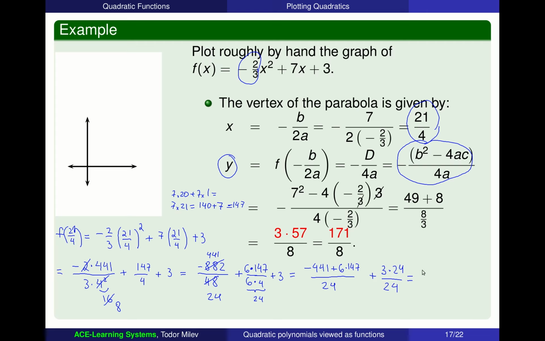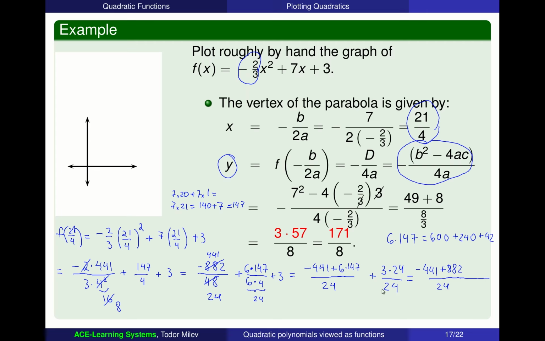Okay, so let's proceed. Minus 441, 6 times 147, what's that equal to? Well, 6 times 100 is 600, 6 times 40 is 240, and 6 times 7 is 42. So I get 882. So plus 882, the whole thing divided by 24, and 3 times 24.